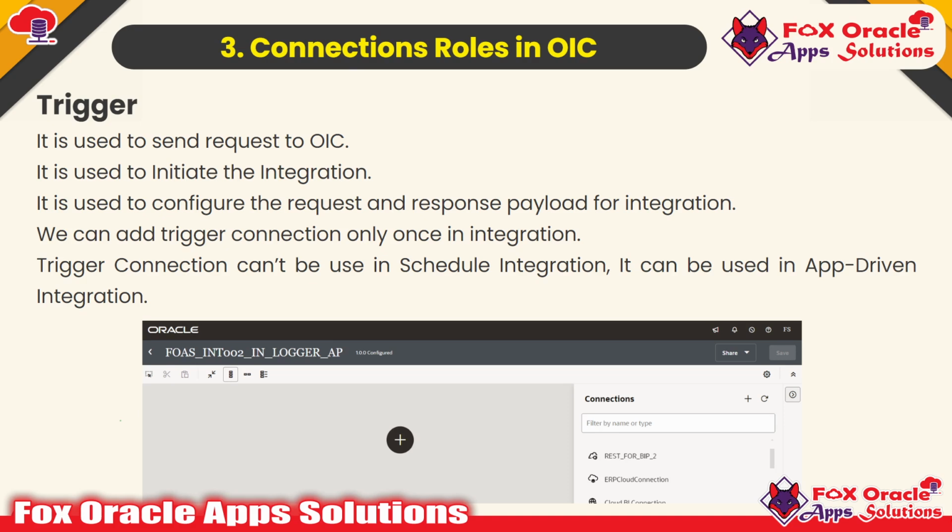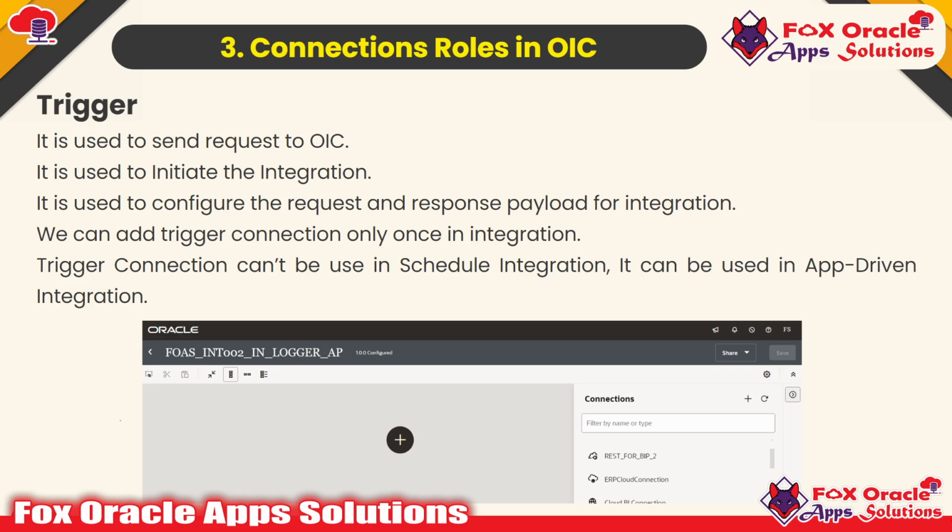And app-driven integration always provides the flexibility to add a request payload and a response payload in our integrations. The request payload of an integration is the value we pass when we run the integration. And when that integration is executed, we expect some values in return. These can be XML or JSON, but most of the time we use the JSON format only, because JSON is much easier than XML for creating payloads, and in our example also we will use JSON only.